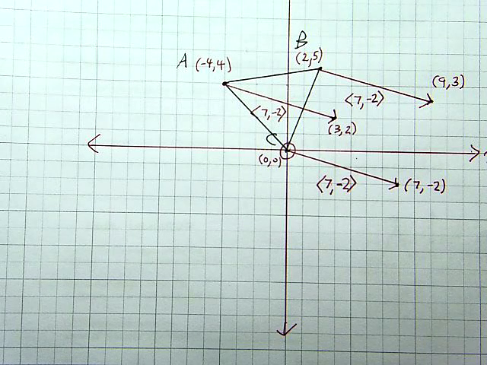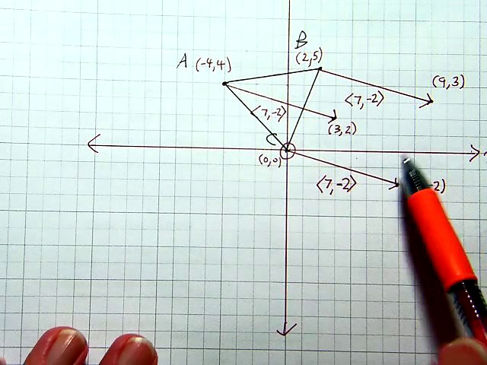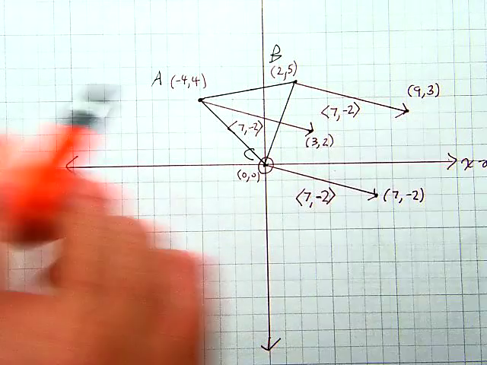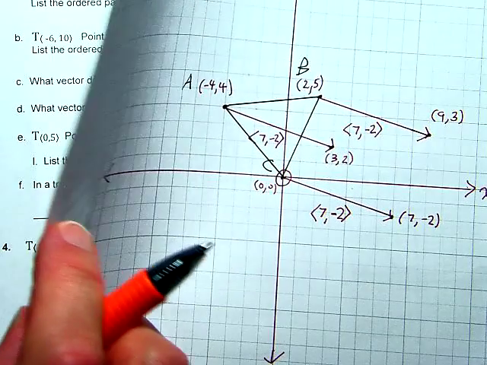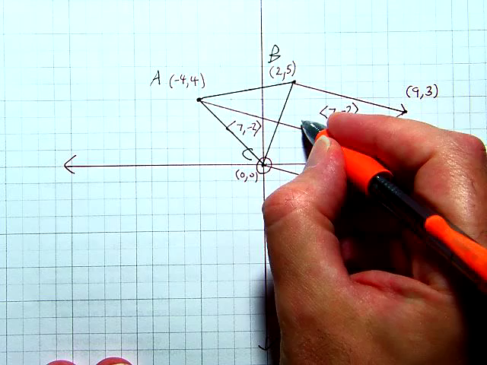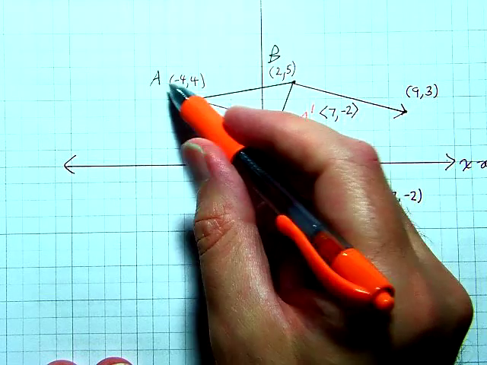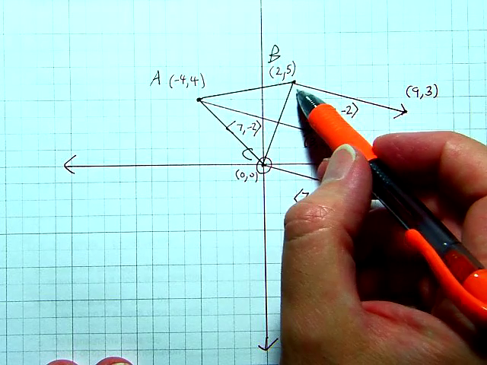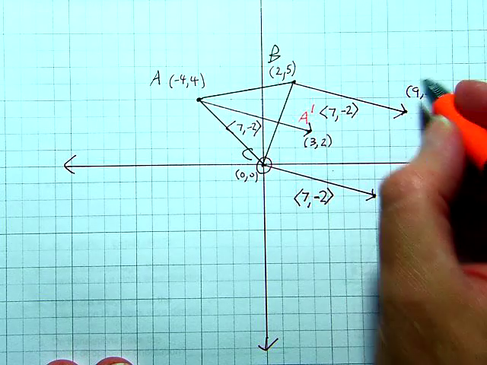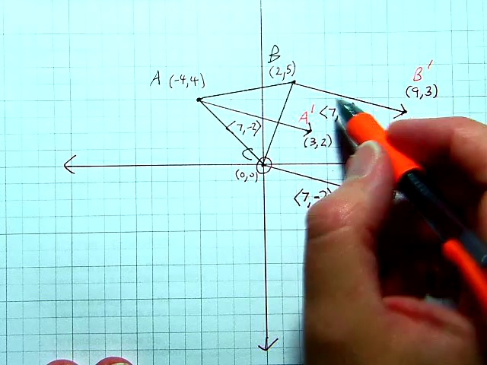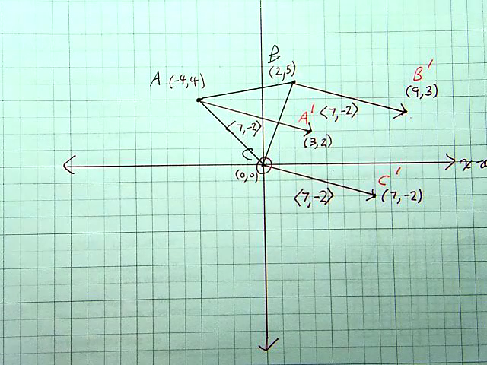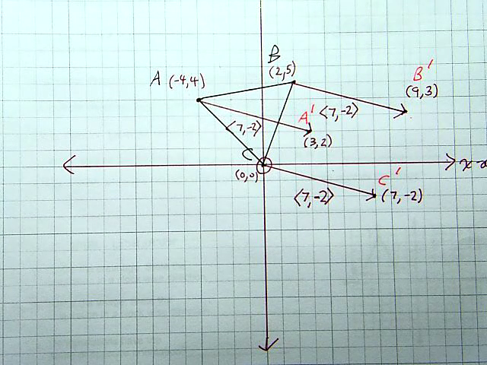When we demonstrated these 3 points being translated 7 to the right and 2 down, we ended up with A prime here, which is the image of point A after the translation, B prime here, which is the image of point B after the translation, and finally C prime over here, which is the image of point C after the translation.